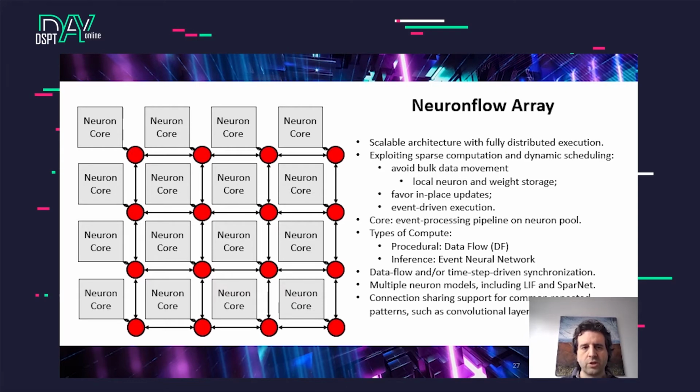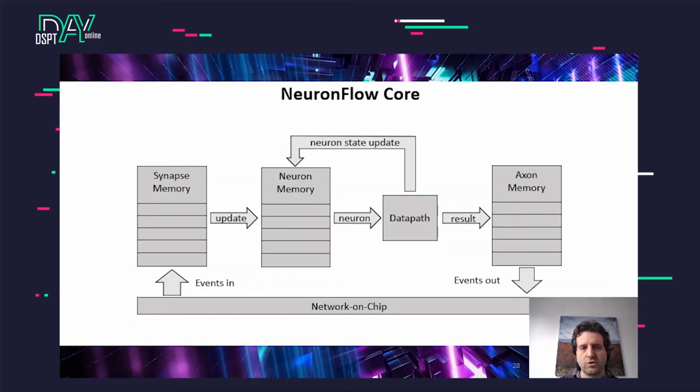How does each one of the neuron cores look? Essentially, each neuron core receives events, queues them, and starts processing them one by one. It goes to a synapse memory that checks all the neurons stored in this particular core that are connected to this event. When a value is received, you check all the connections of neurons for that event.